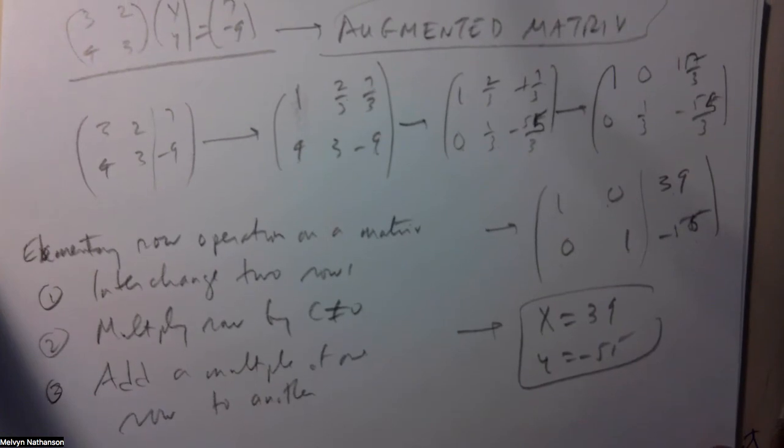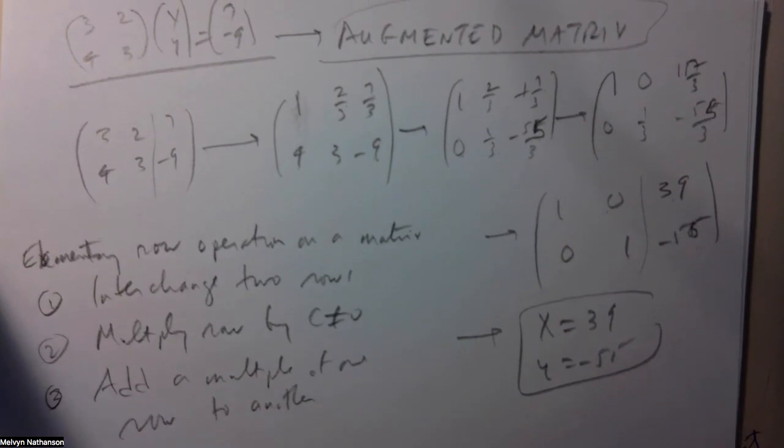So what I did just now was, first I solved the system of equations using Gaussian elimination. And then I translated the elementary row operations of Gaussian elimination into elementary operations on a matrix. Given a matrix, you can interchange 2 rows, multiply a row by a non-zero scalar, add a multiple of 1 row to another.